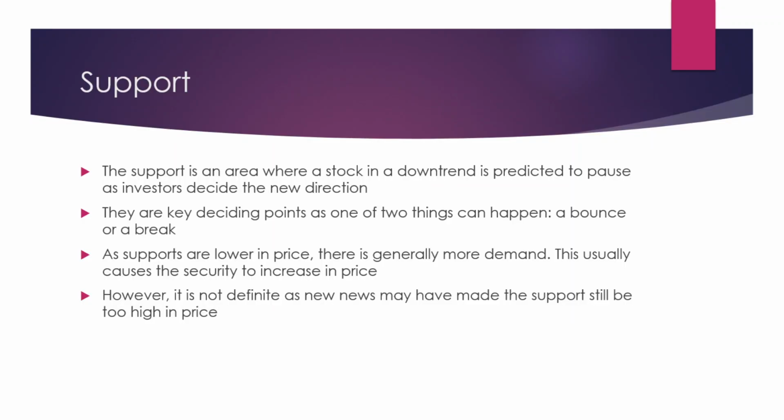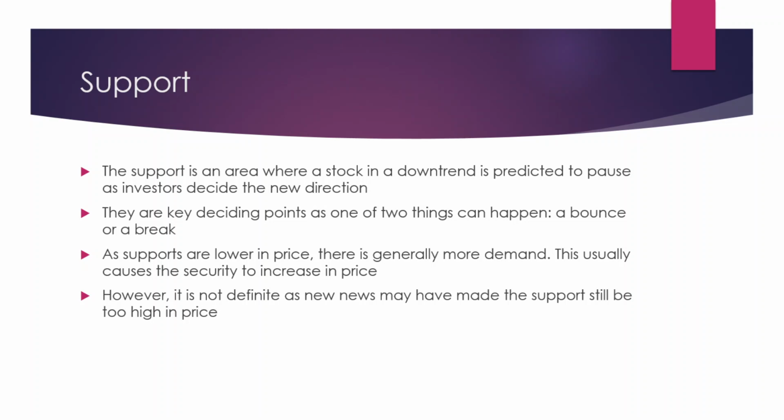So, the support is just an area where a stock in a downtrend is predicted to pause as investors decide the new direction. So, they are very key deciding points in the direction of a stock because one of two things can happen: a bounce, where it has established this area of support, this line, and it'll curve back upwards.